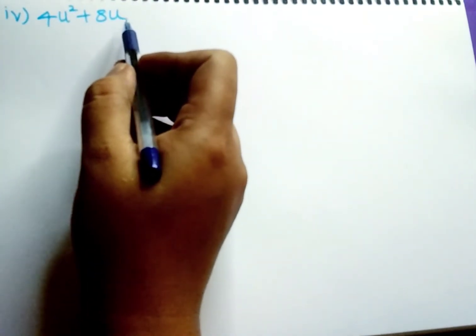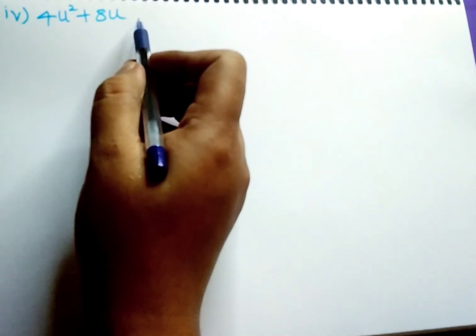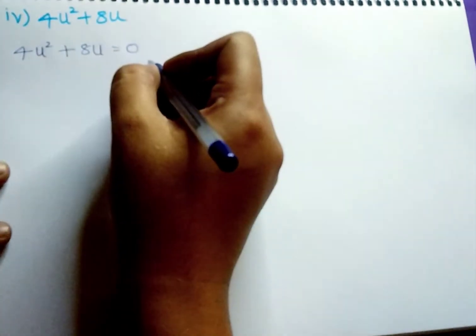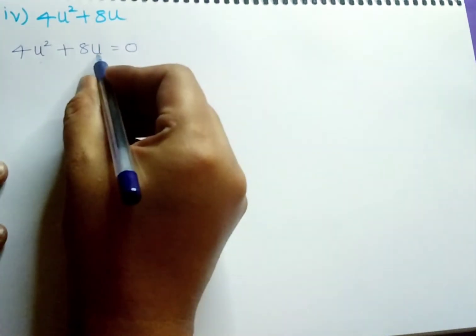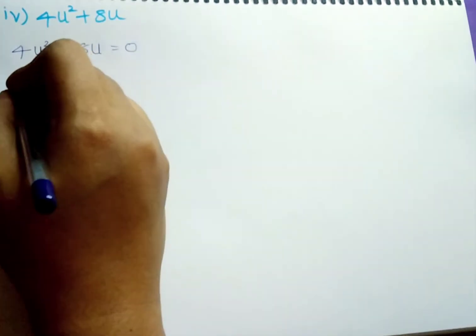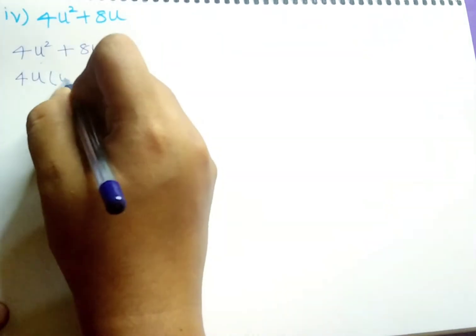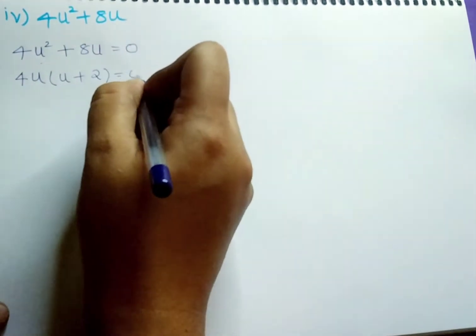Fourth subdivision, 4u square plus 8u. Here if you see, we don't have constant term, so that is 0. For factorization, we take 4u square plus 8u is equal to 0. As we don't have constant term, we can take u, and for the numbers we can take 4 as common. So 4u when we take common, it will be u plus 2 equal to 0.